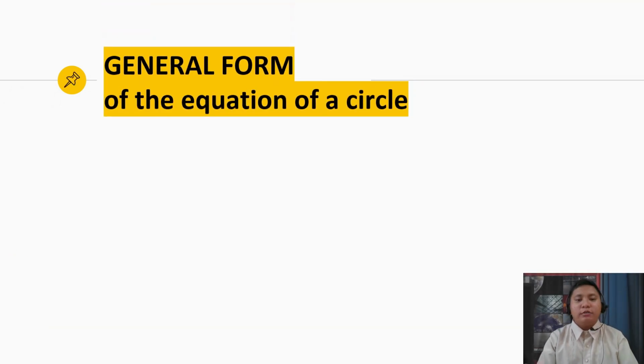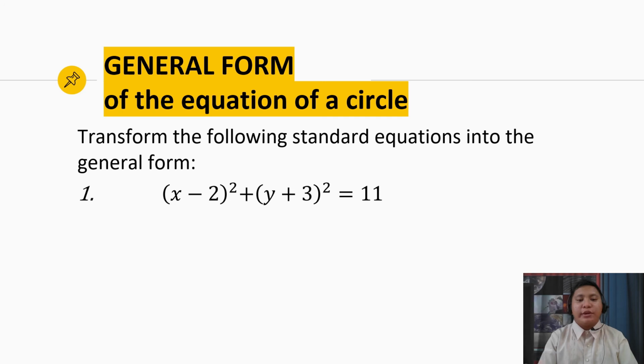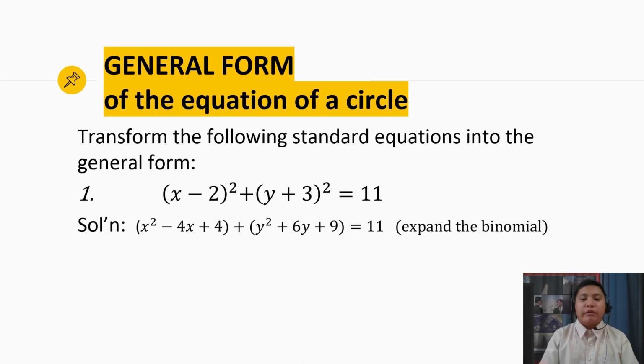Okay, we will now transform an equation in standard form into general form. Say example number 1, x minus 2 squared plus y plus 3 squared is equal to 11. So what are we going to do? We will expand the binomial.